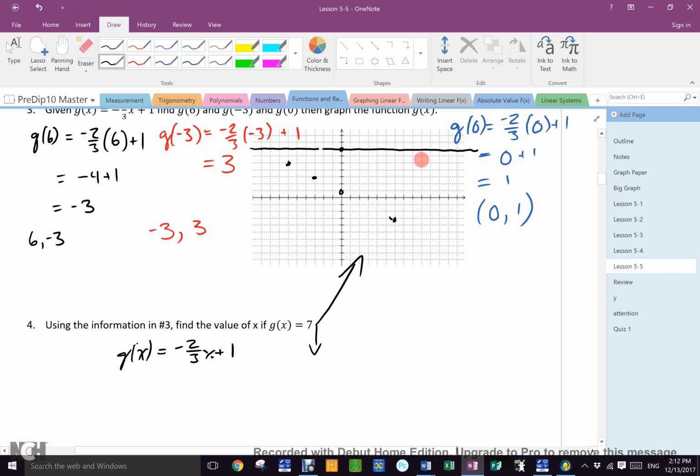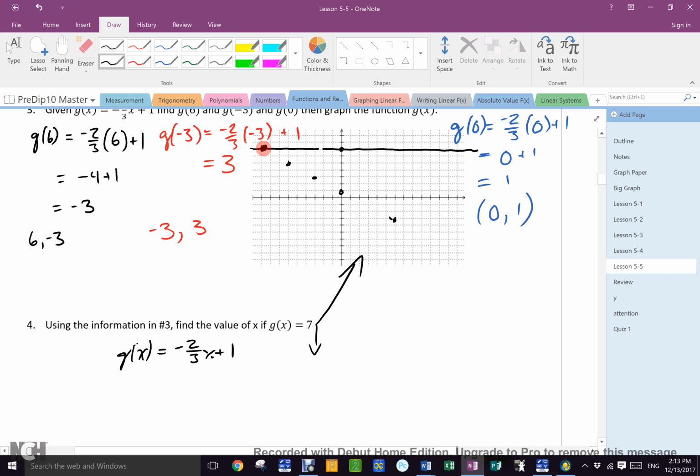I know that my output is 7. I need the input. I know that this is a straight line, and I went up 2 over 3, up 2 over 3. There's the spot, yes? Is that 7 as an output? That dot right there.